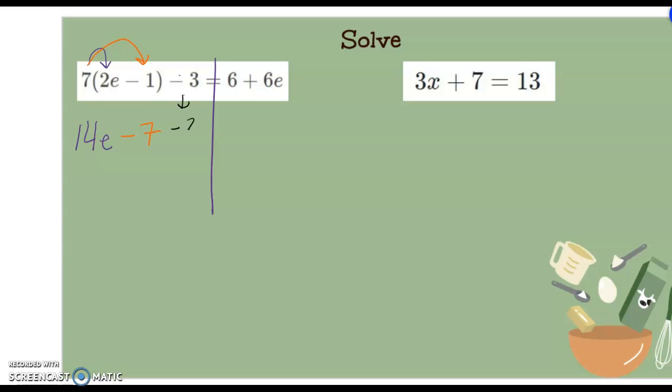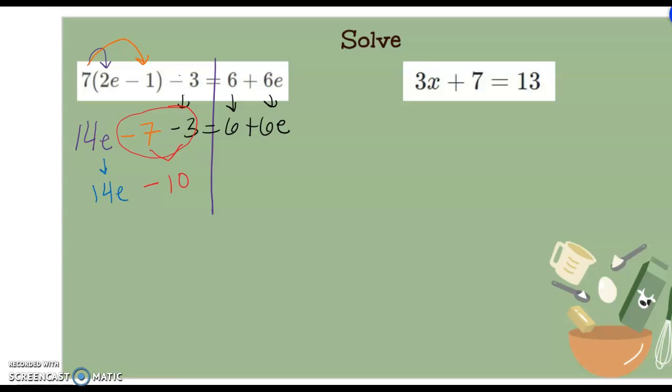I'm just going to bring everything down one step at a time so I know exactly what I'm adding or subtracting. Now look here, I can combine this negative 7 and this negative 3 together because they both don't have variables and they're both constants. Negative 7 and a negative 3 is actually going to give me a negative 10.